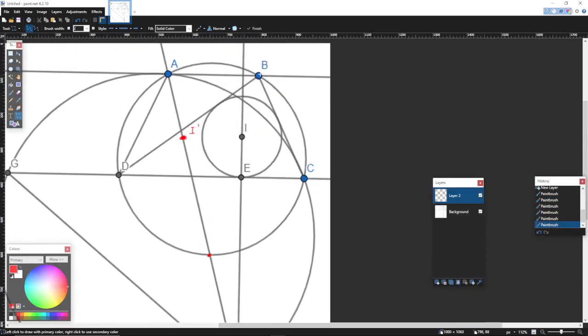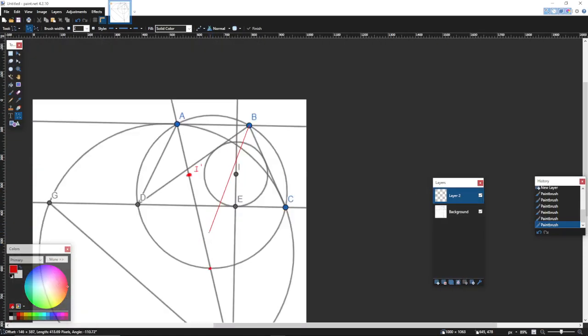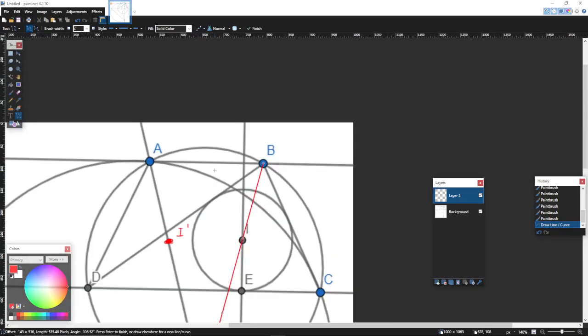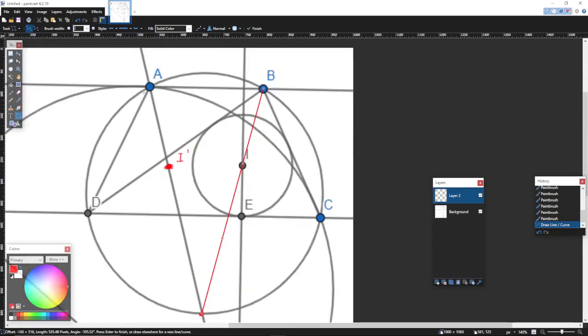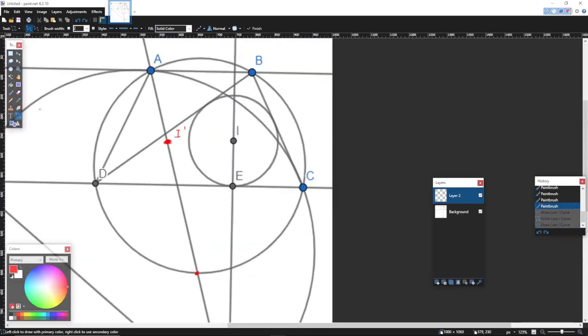Now, there's another thing about this angle bisector in particular. It also is collinear with B and I, right? Because the angle bisector of DAC splits arc CD into two equal sections. Same with the angle bisector of DBC, so therefore they must coincide at the same point. So that's a pretty easy thing to show.